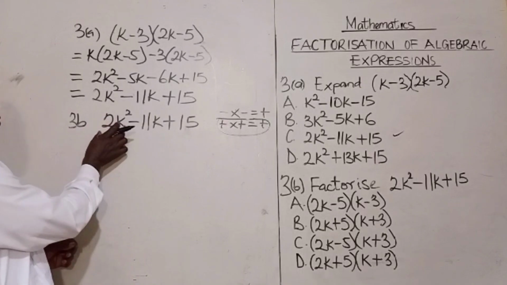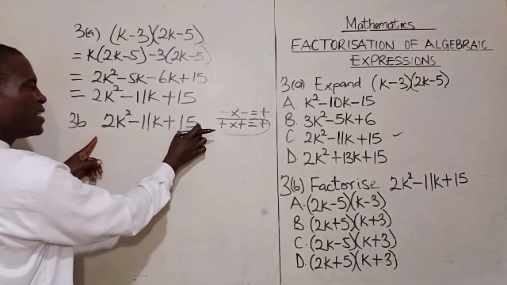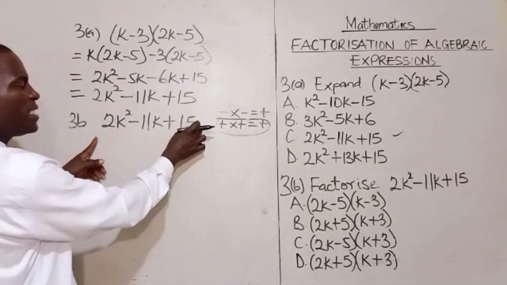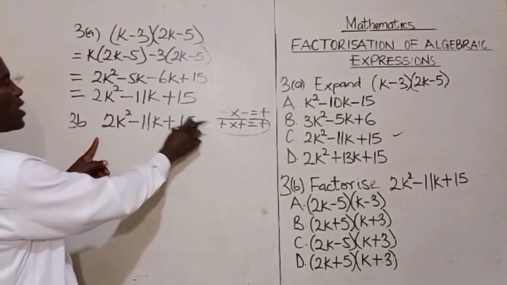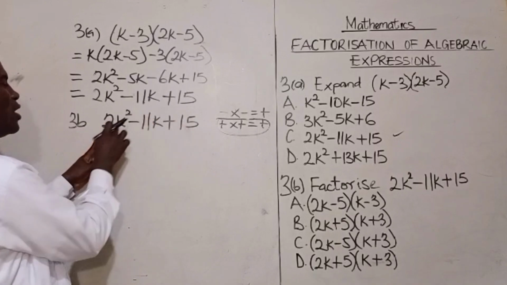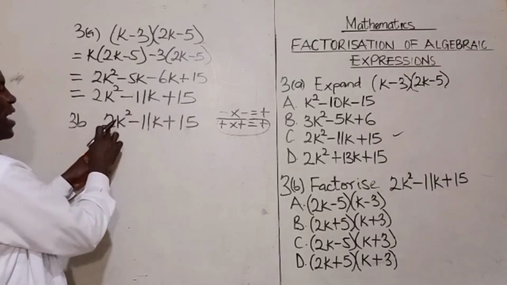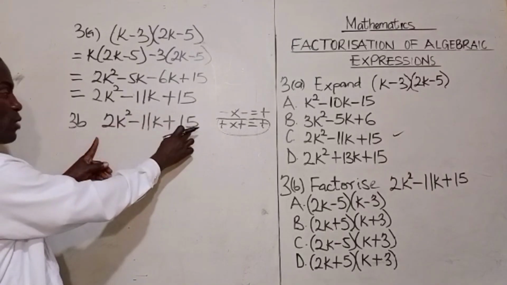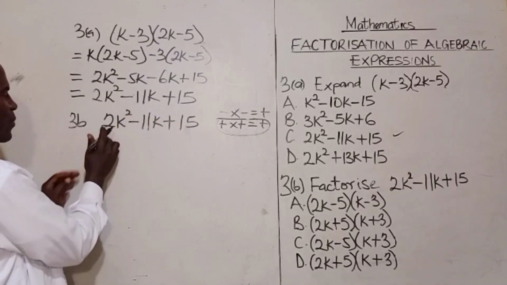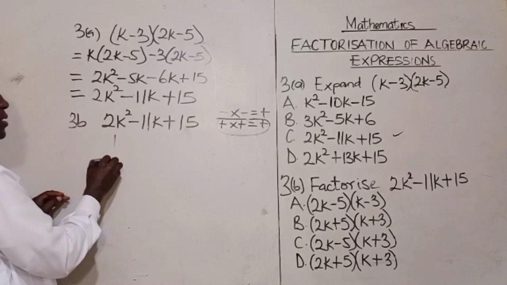We divide it by 2. And since we divide this one by 2, we multiply this one by 2. Whatever we use to divide this, we use it to multiply this. If we divide this one by 2, we multiply this one by 2. If we divide this one by 3, we multiply this one by 3. Now let's proceed. 2 divided by 2, we have 1.